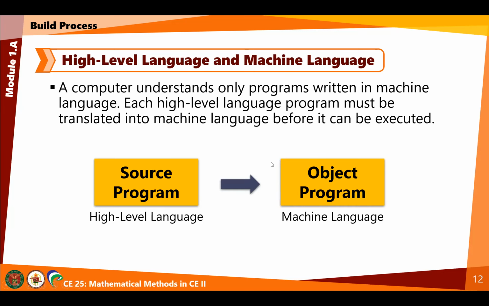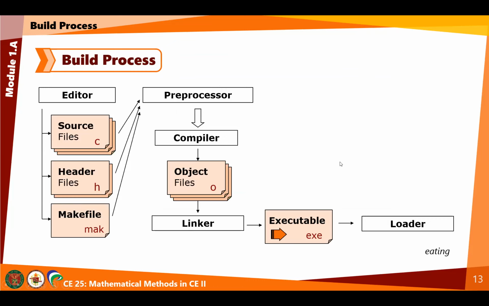So source files, C header files, which we'll explain later, and makefile go to a preprocessor and a compiler.